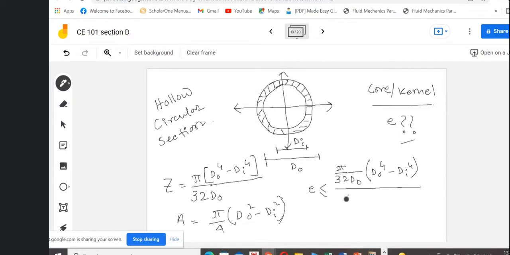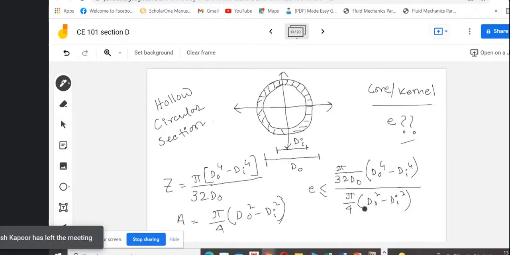D by 8? Will it be just D by 8? pi by 4 d naught square minus di square. Say it once more. 1 by 8 d naught square plus di square upon d naught square minus di square into 1 by d naught.